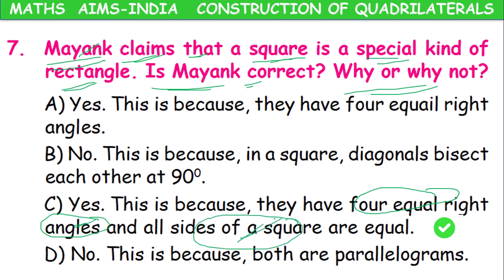For a rectangle, only opposite sides are equal. But in a square, all sides are equal, so indirectly opposite sides are equal. So it has all the properties of a rectangle. So it's a special kind of rectangle. So option C is correct.